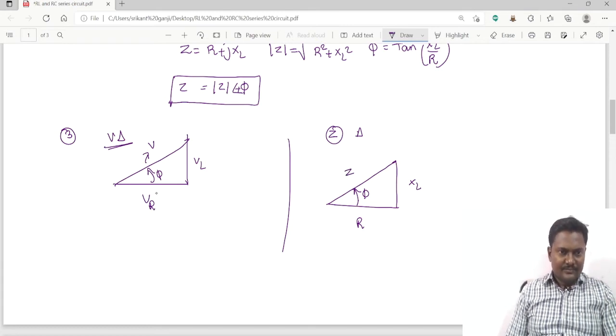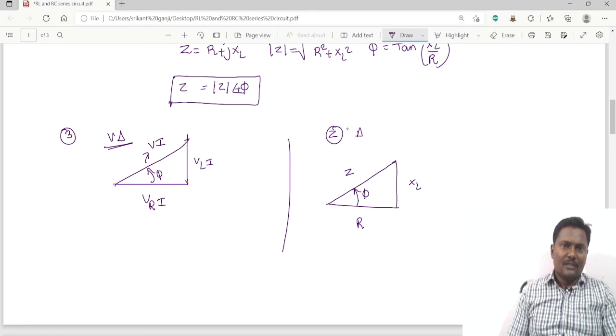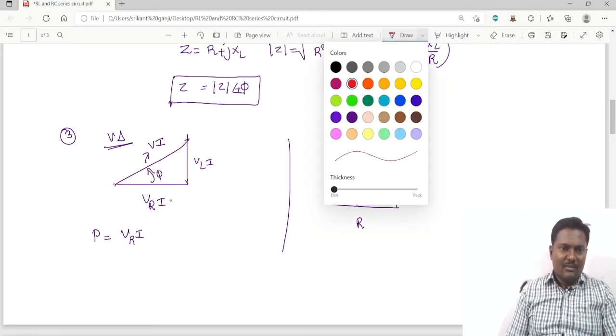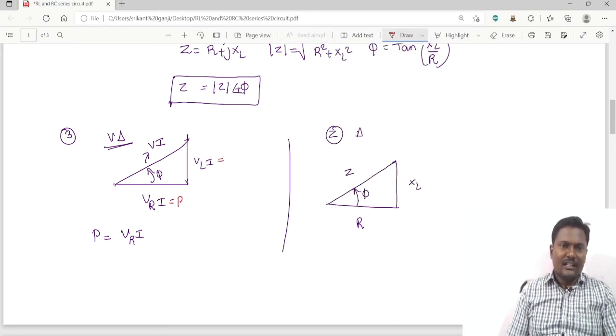And here, multiply the current with all the terms. We know that active power is equal to VR into I, and this is the reactive power, the inductive reactive power, and S is the apparent power.